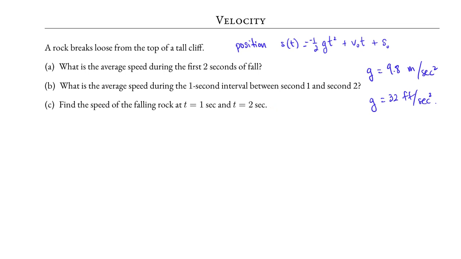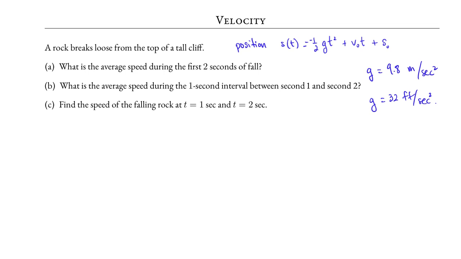It doesn't really matter which. If we choose the metric unit meters, then we have to use the gravity 9.8. But if we were to use the customary unit feet, then the gravity is 32. I'm going to use the customary units, so the gravity is going to be 32 feet per second squared.